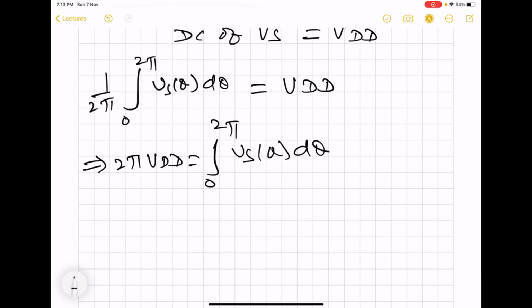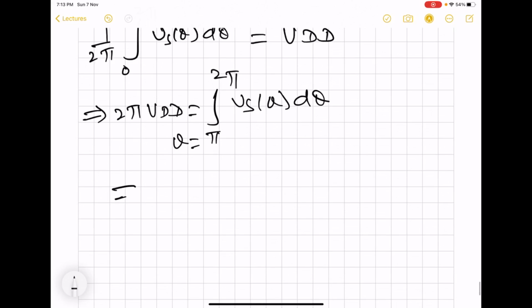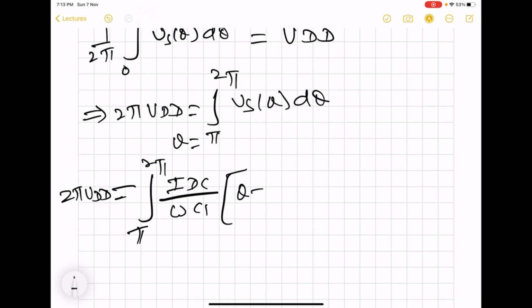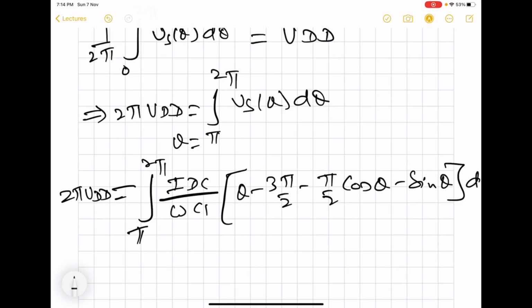And since Vs is non-zero only from pi, the limit of the integration gets modified to pi to 2 pi, and we can write the expression. So we have expanded cos theta plus phi here to get this expression.